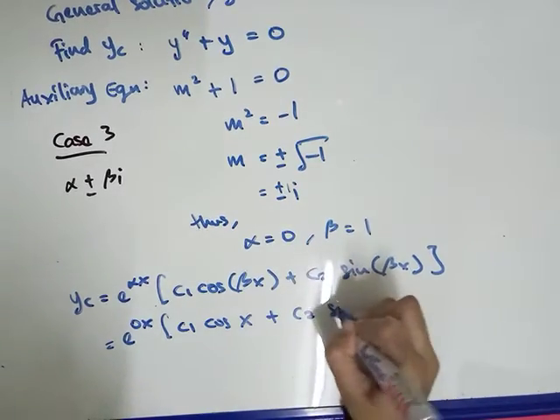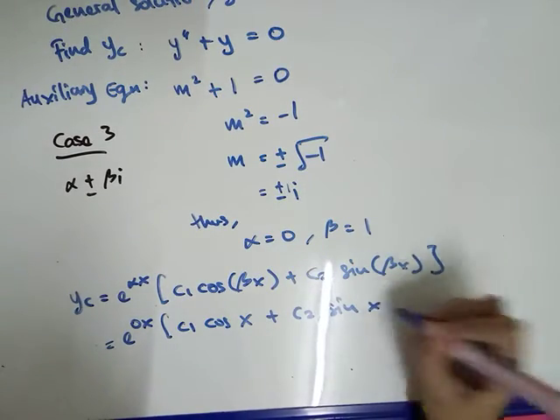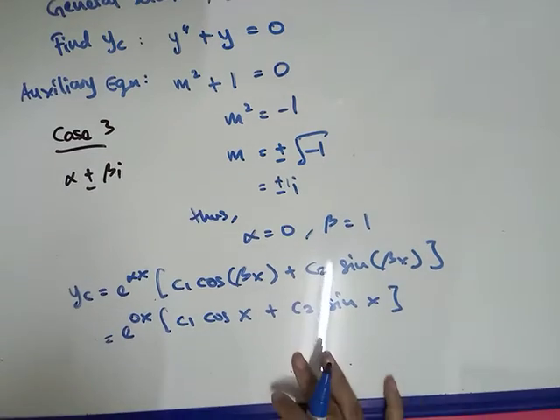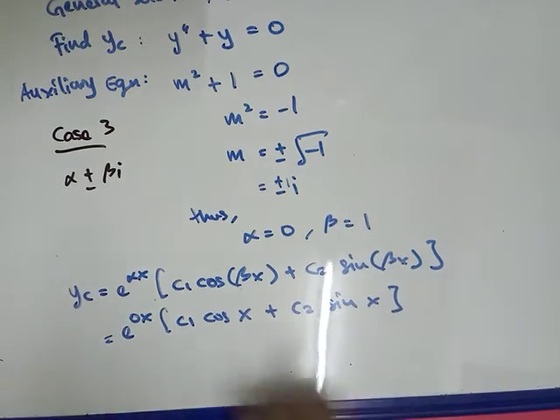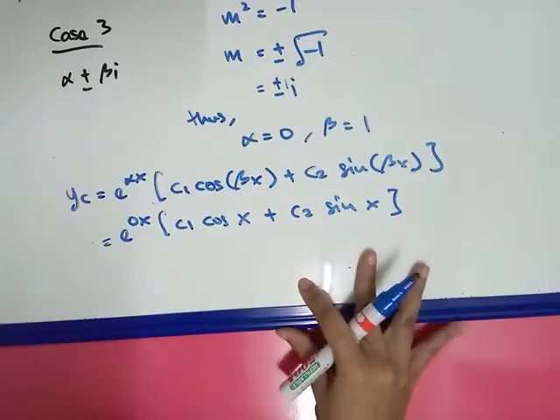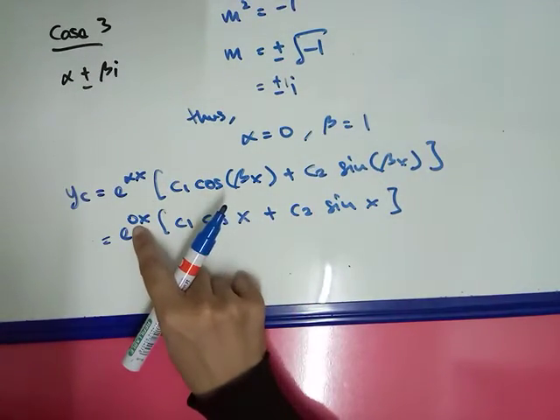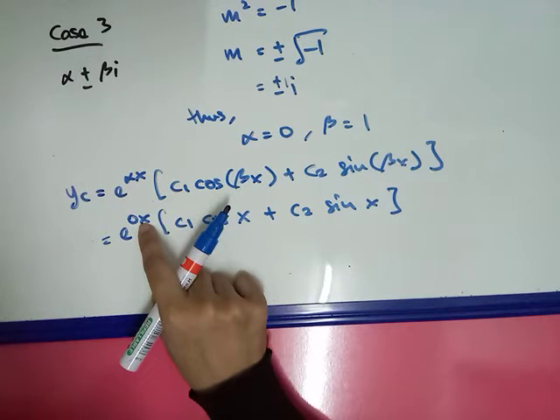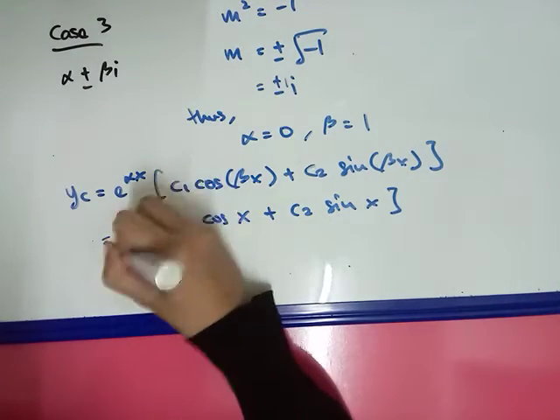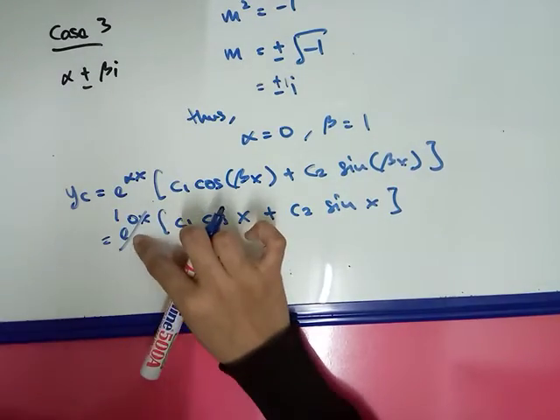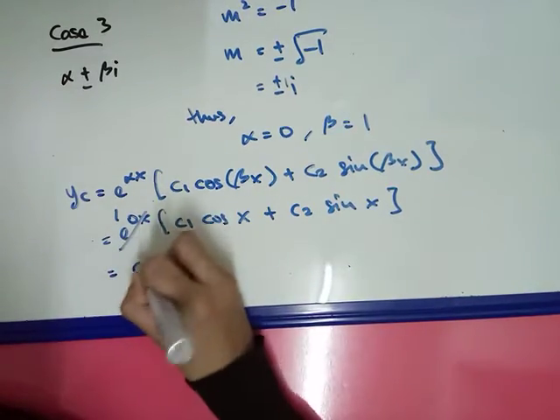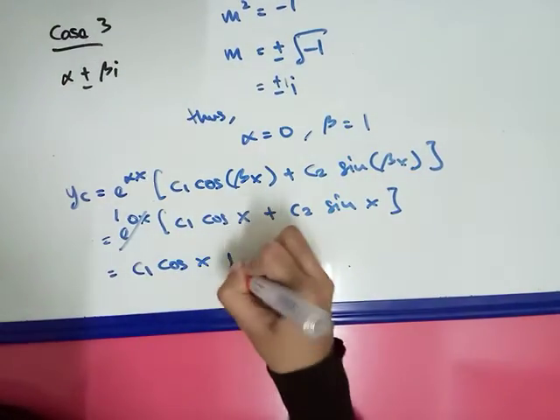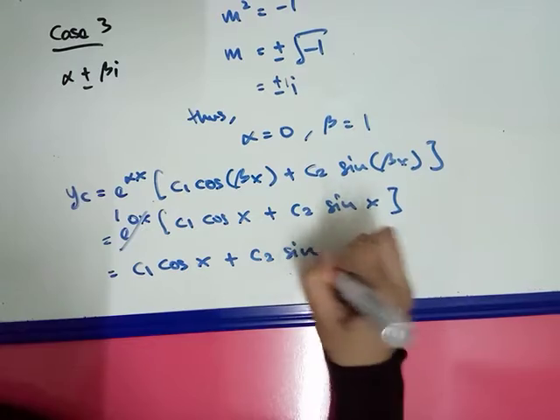Exponent 0 times x gives 0, and e to the power 0 gives 1. So 1 times c1 cos x.